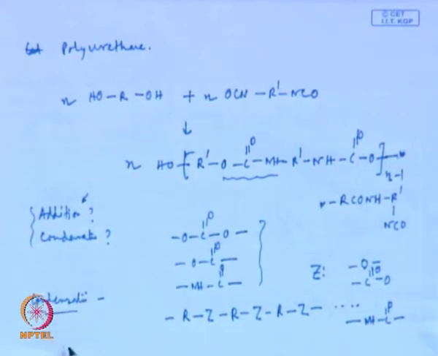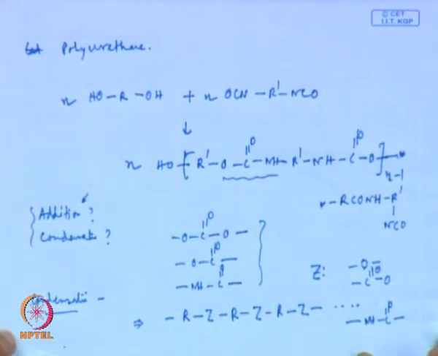Now you can have a general representation of the backbone structure like this, where Z represents any of the functional groups we talked about, and any polymers which do not have these structures, we call addition polymers.